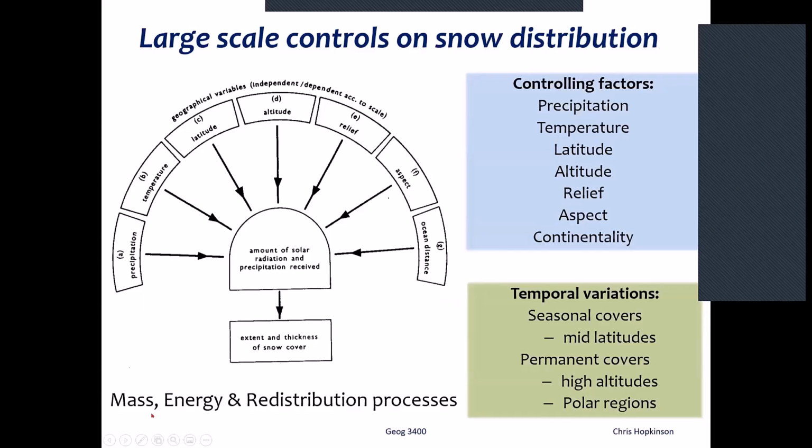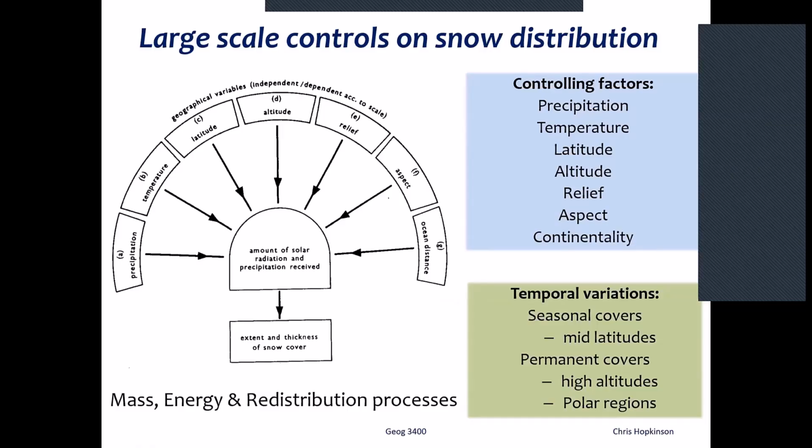But what it illustrates is that there are multiple influences on snow depth or snow accumulation in general, and they all relate to the ways in which mass and energy are incident on that surface, mass being the precipitation, energy being whether that precipitation is snow or rain, and whether or not it sticks around for a very long time. So the variations in mass and energy on the Earth's surface play fundamental roles in dictating whether or not there's going to be snow present at a particular location.